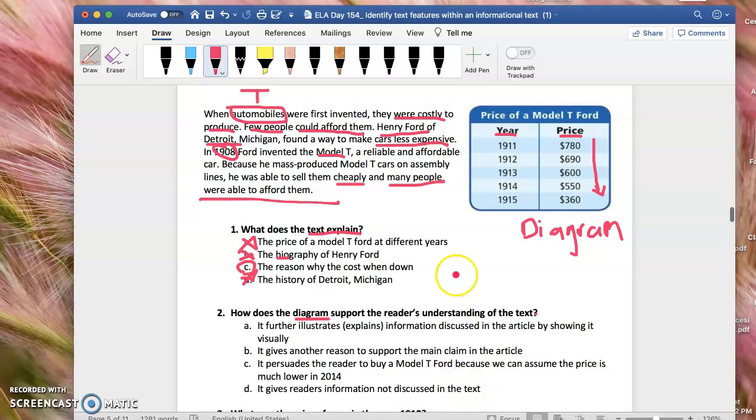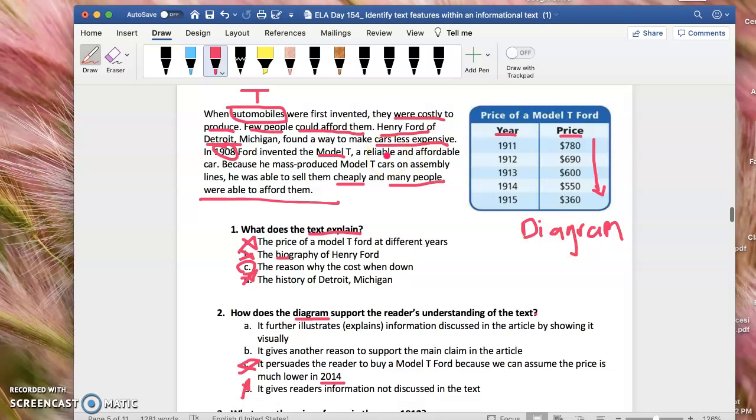So first of all, when you look at the diagram, it talks about the year, it talks about the price, right? First of all, Model T is no longer around, so we can automatically X out C because the Model T is no longer around. We can also X out D because the diagram is never going to give us information that's not discussed in the text.